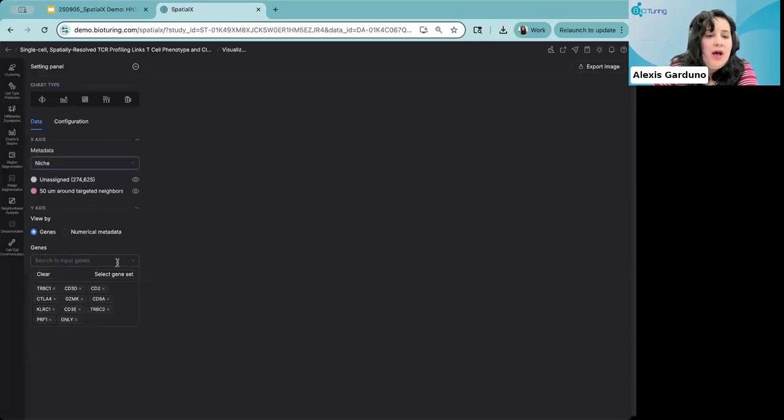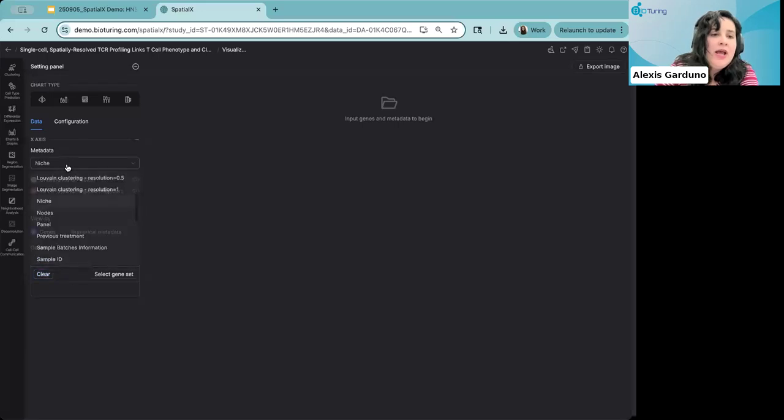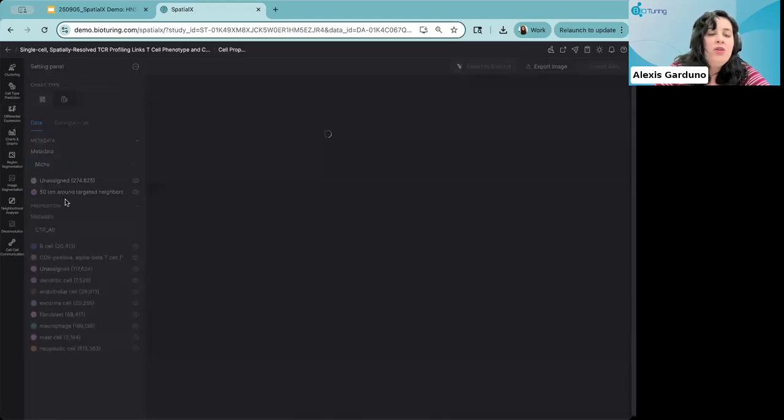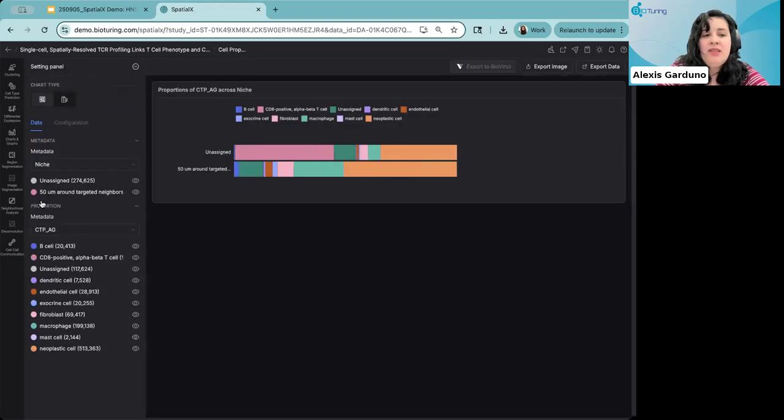I want to remove any of these genes here because I'm not really interested in the genes. And what I want to add is the information that I'm looking at. So in the bubble heat map, you can split it by other conditions, or you can also choose to look at it as a proportion plot where you're looking at how this region within the 50 micron has specific proportions of these immune cells.